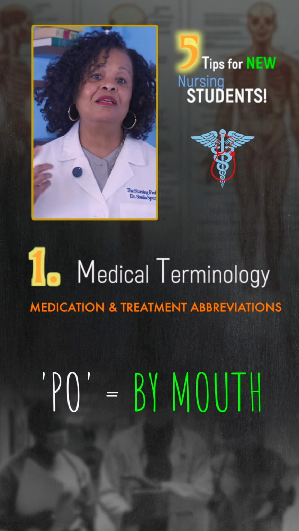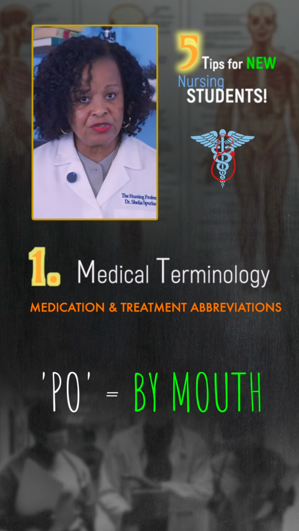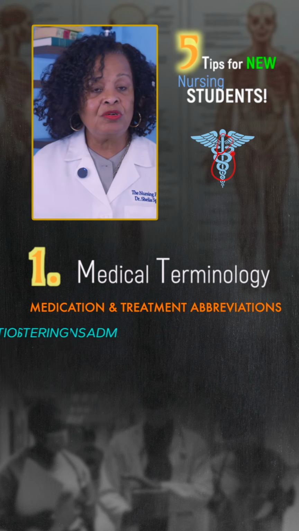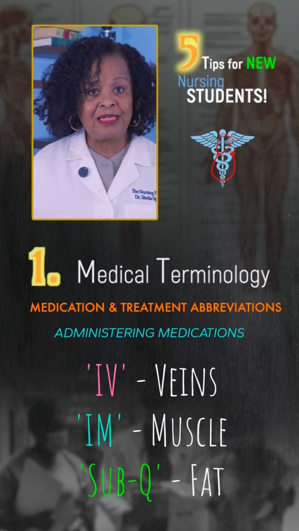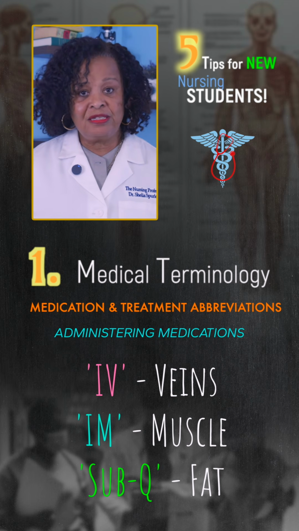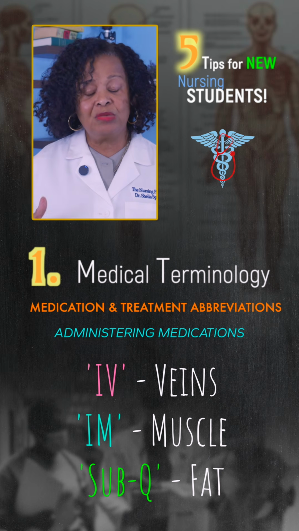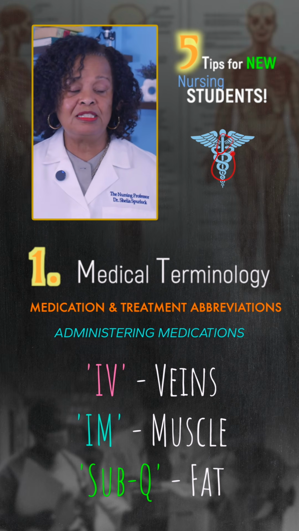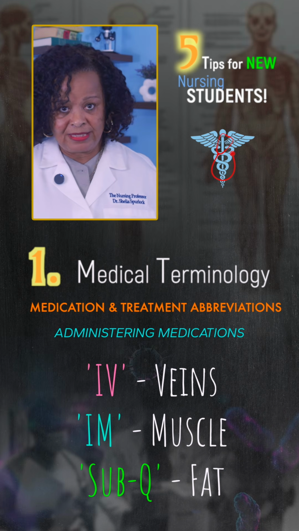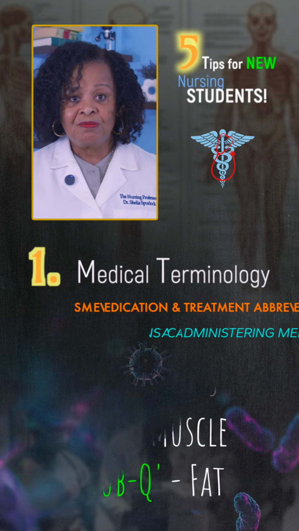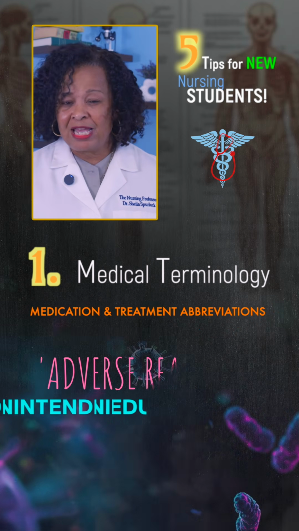Can somebody take something by mouth? Do they have any difficulty swallowing? We also administer meds IV, IM, sub-Q. All right, so intravenous means through the vein, intramuscular means through the muscle, and subcutaneous means through the fat of the body.